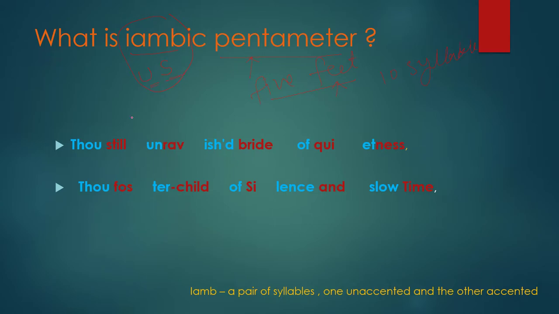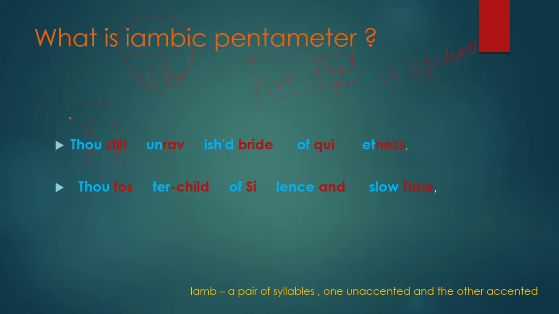Let's see these 2 lines of John Keats' poem, Ode on a Grecian Urn. Thou still unravished bride of quietness, thou foster child of silence and slow time. Here, thou, the first vowel, and still, the second vowel. Thou still, this is unstressed and this is stressed.